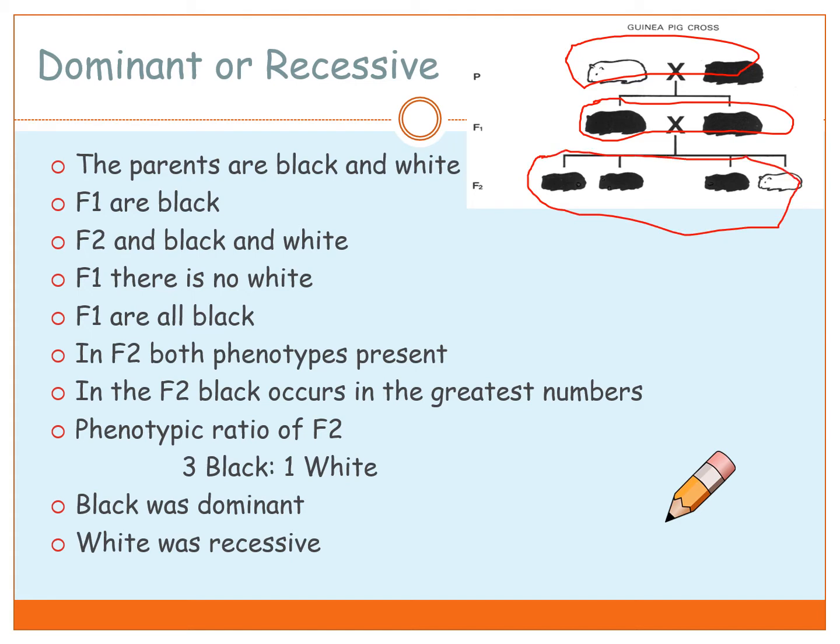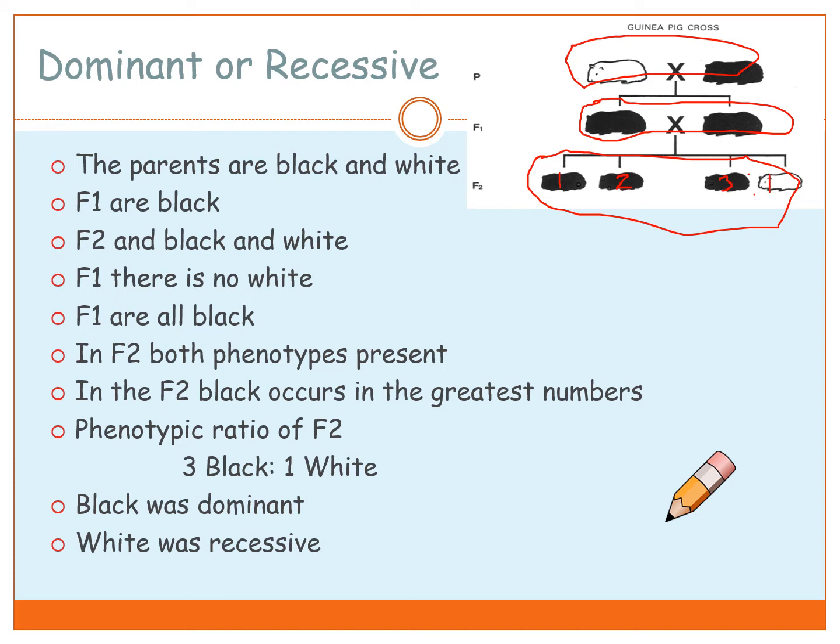In F1 there are no white guinea pigs. In F1 they are all black. In F2 both phenotypes are present, so there's black and white. In F2 black occurs in the greatest numbers, and the phenotype ratio of F2 would be 3 black to 1 white.